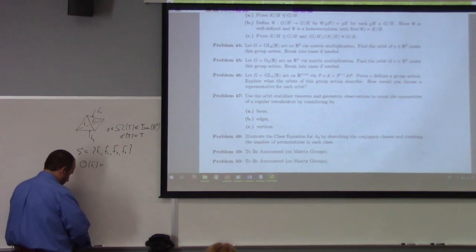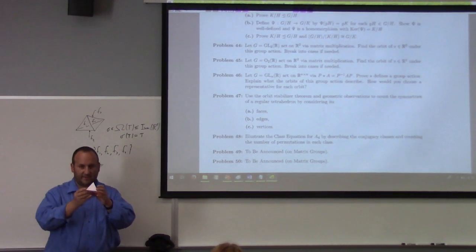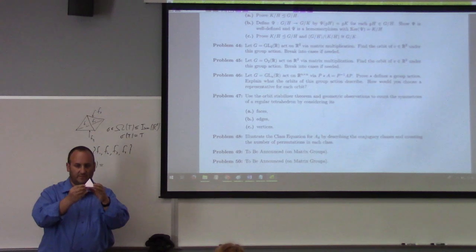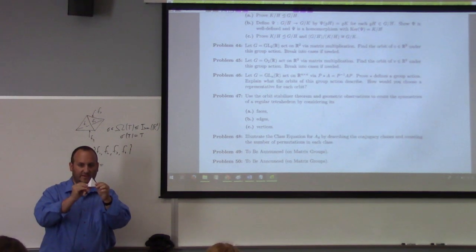I'll use the red one as face 1. We could rotate the thing down like that, so then it's reached the bottom face. We could start with that face and rotate around the top like that, or rotate around the top like that.